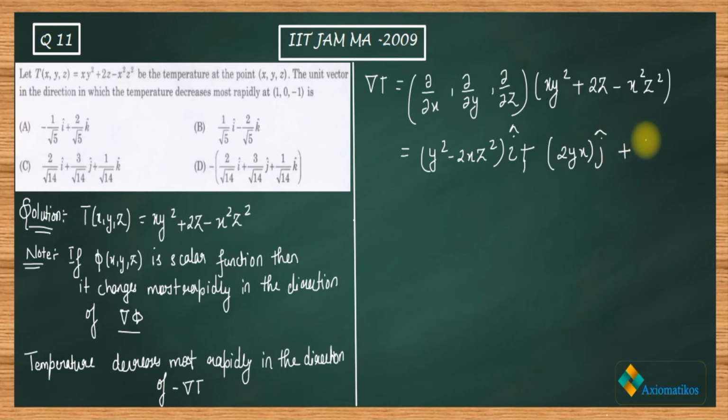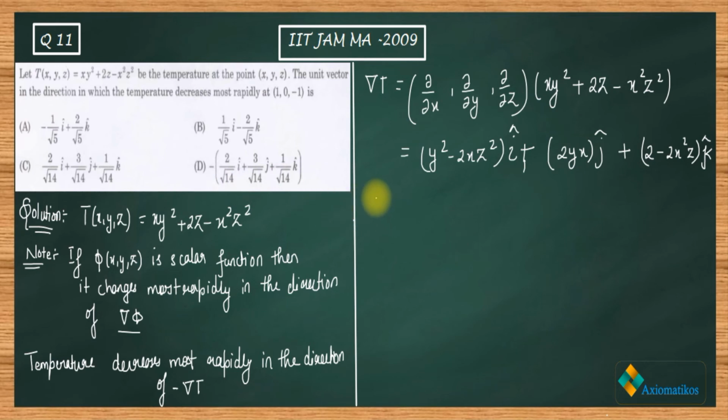And when you differentiate with respect to z, you will get 2 - 2x²z, which is the k component. So this is the direction in which it changes most rapidly.